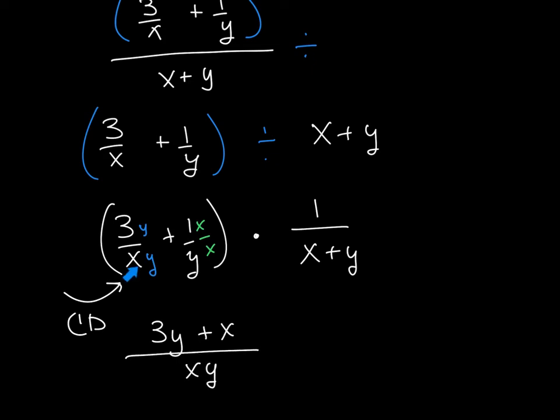Now, just because this is xy and this is yx does not mean those are different. Those two are the same thing. I multiply this times 1 over x plus y, and we get exactly the same answer. The method you choose to solve this is completely up to you.